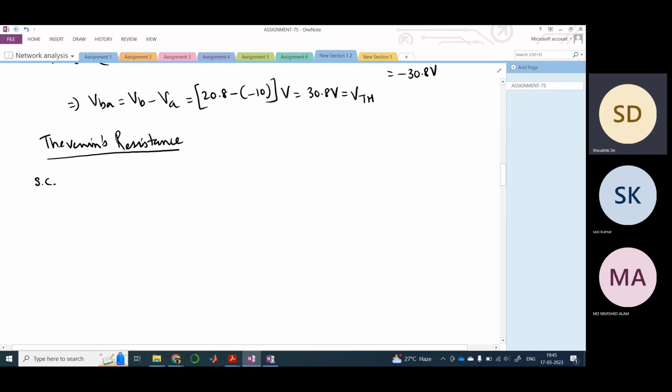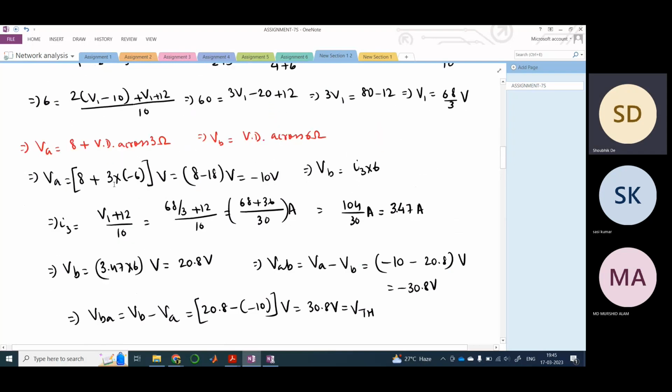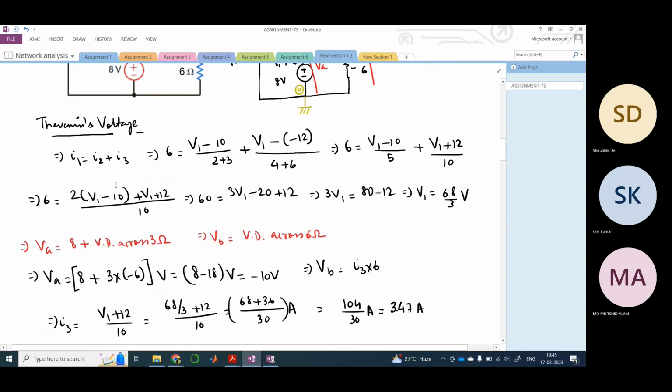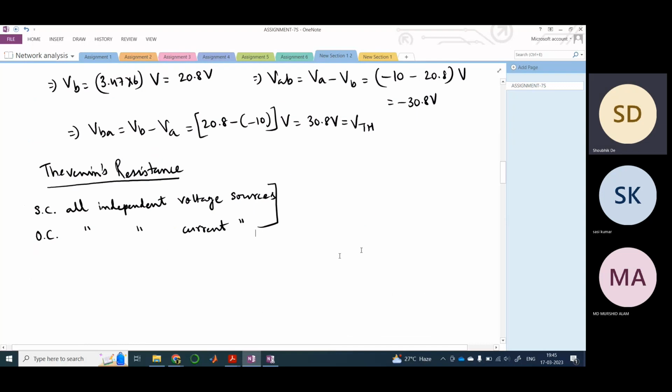We need to short circuit all independent voltage sources, and we need to open circuit all independent current sources, right? So if we follow these two rules here, basically if we redraw this circuit, it would be what?